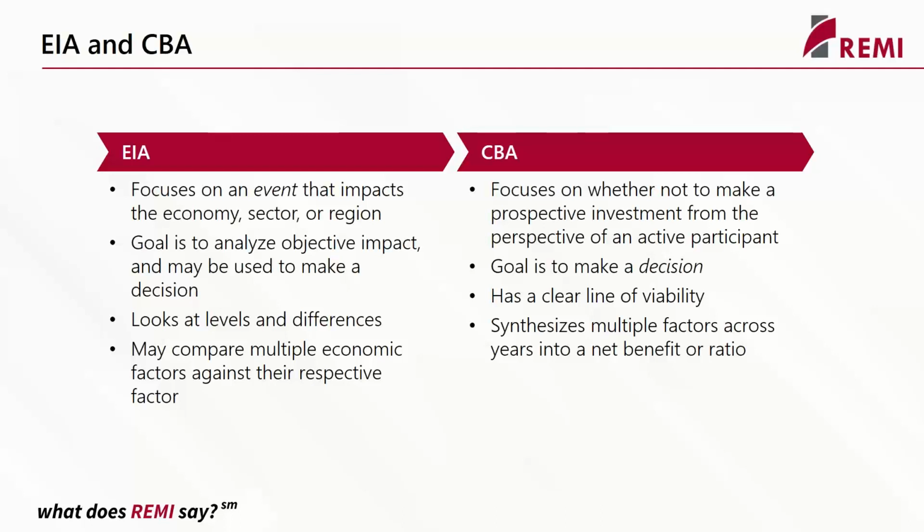One of the more comprehensive studies that, for example, Remy did was seeing the economic impact of Hurricane Katrina when that came through, in coordination with the Army Corps of Engineers. Now, there wasn't any decision being made. There were later decisions made about, how can we prepare for this kind of disaster in the future? How can we respond to this current natural disaster? But no decision was being made necessarily in that economic impact analysis per se.